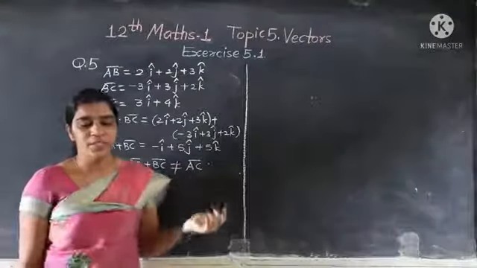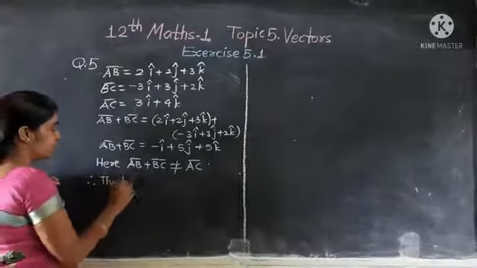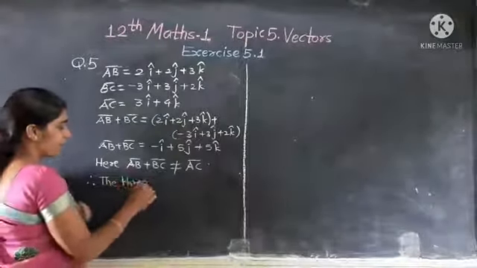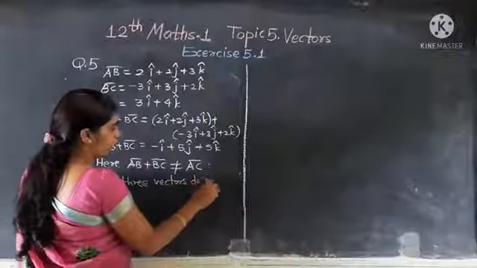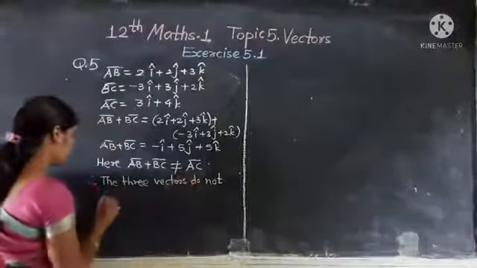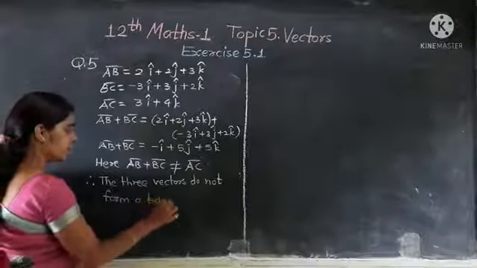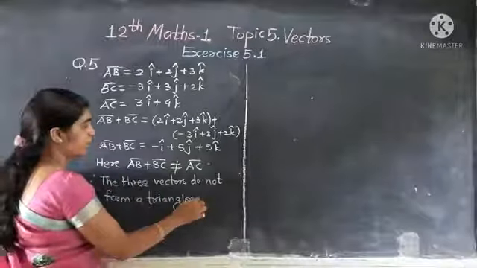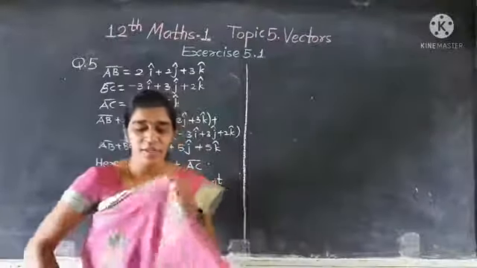Therefore, the three vectors do not form a triangle. Okay, understand?